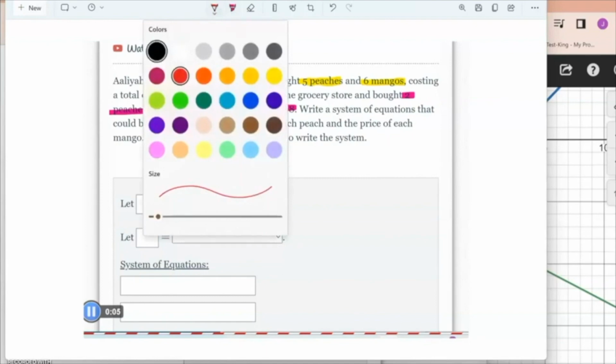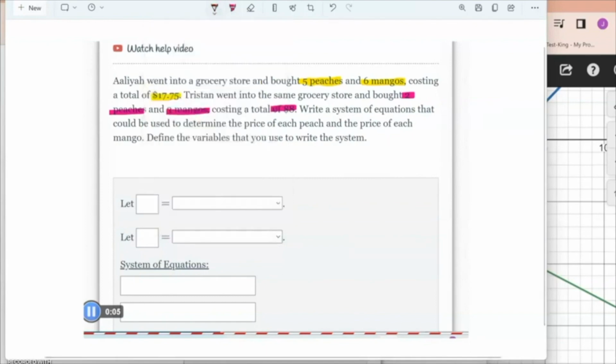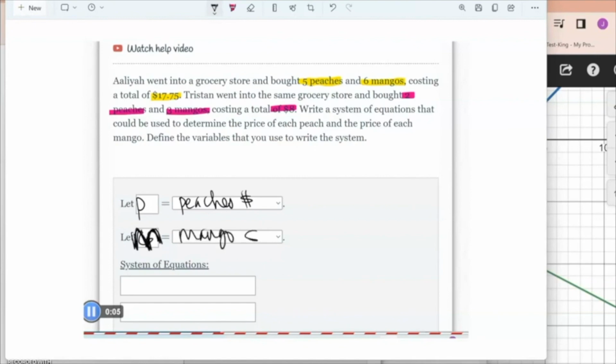When you have 6 numbers, you just write it in the exact order that you see it. So I will let P be peaches. And when it's 6 numbers, it's not number of peaches, it's money, the cost of a peach. M is mangoes. Be careful not to put numbers in here. These are letters. And once again, it's not the number of mangoes, it's the cost of mangoes, because this is going to be about cost.